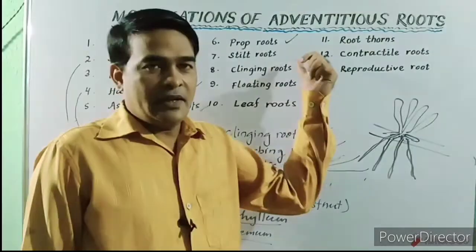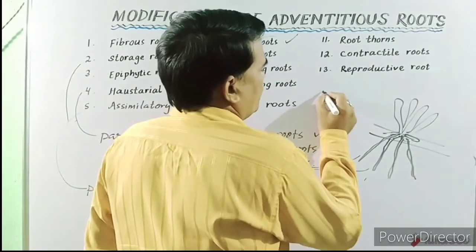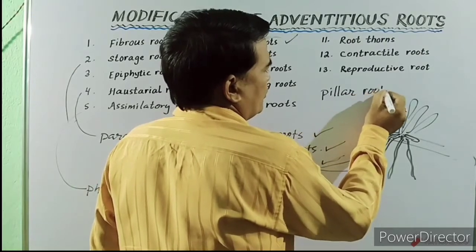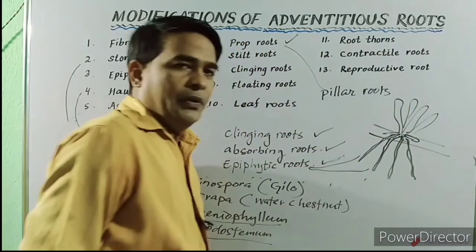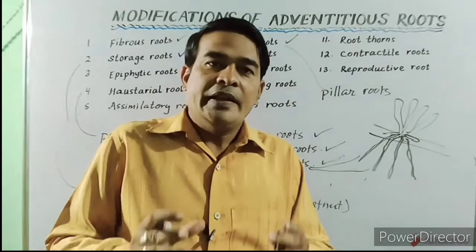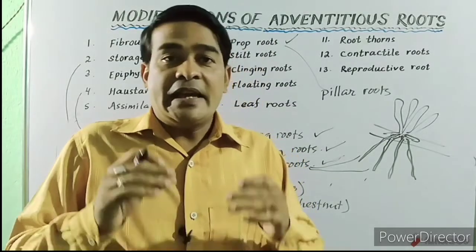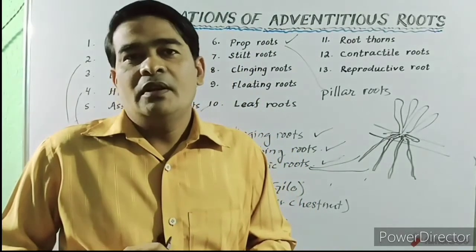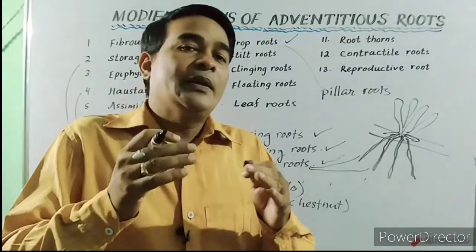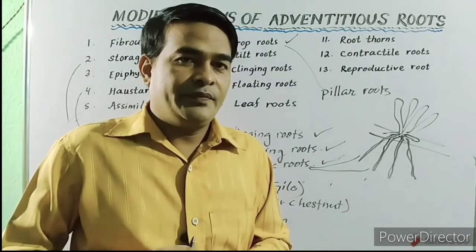These prop roots are also called pillar roots. Pillar roots. They are thick aerial roots arising from horizontal aerial branches of plant and grow downward to provide mechanical support like pillars.